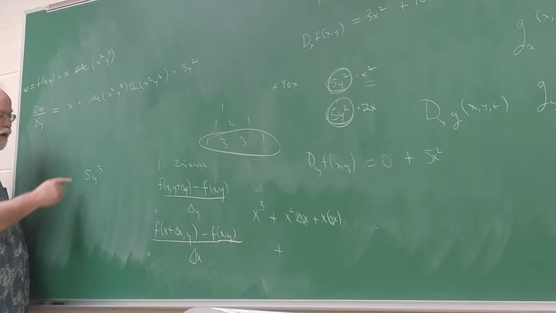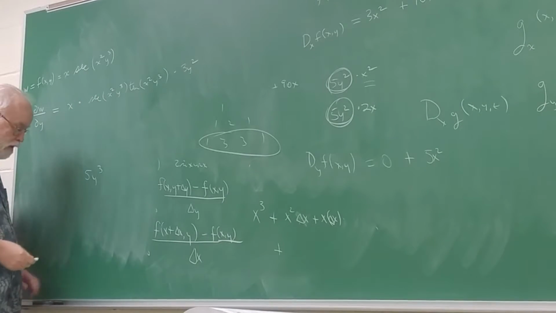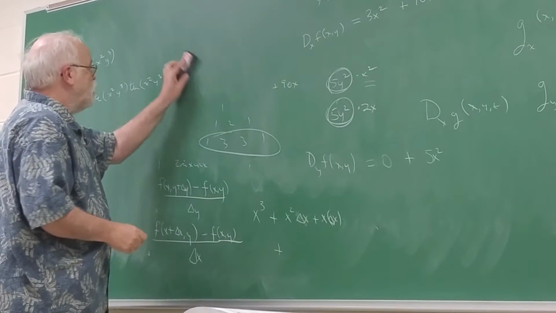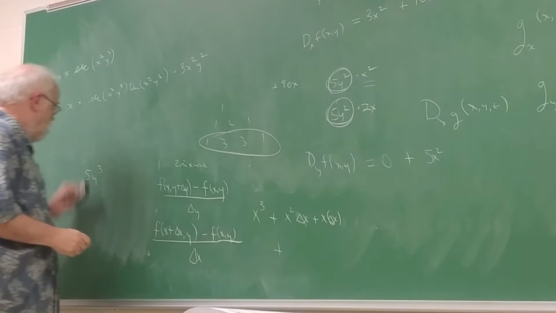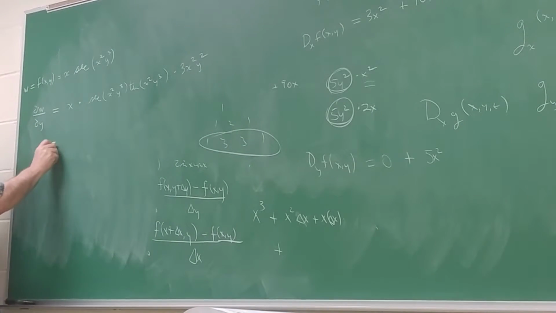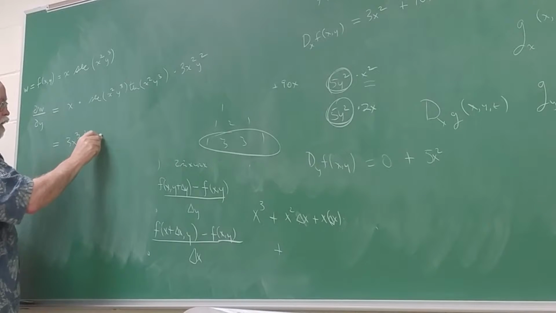So you get a 15. So this just goes invisible on you when it's a variable. So it's 3x squared y squared. And then you can clean it up. I just put the x with the x squared.